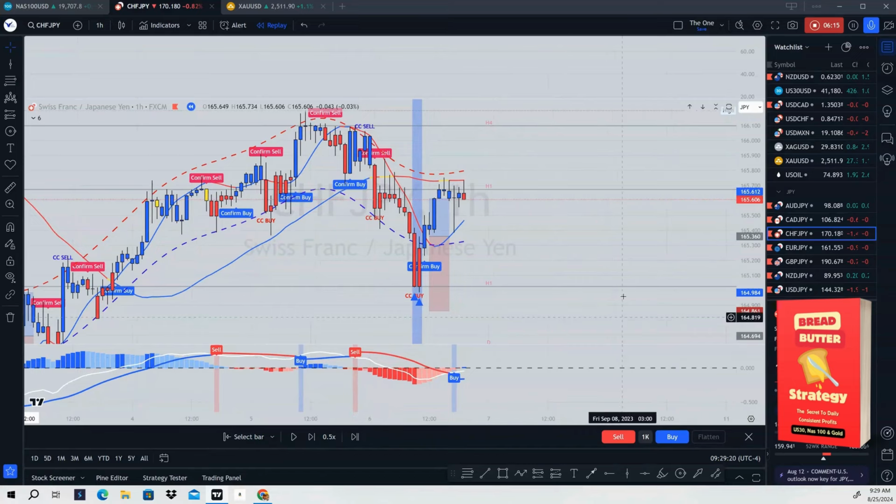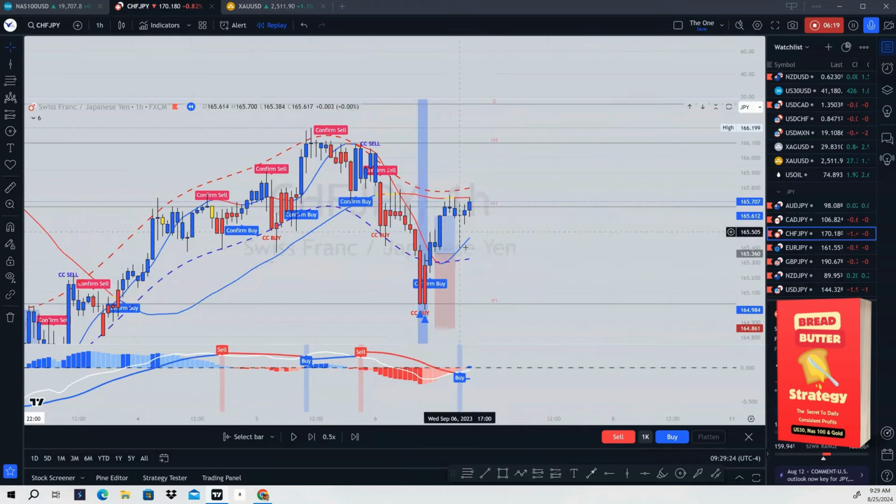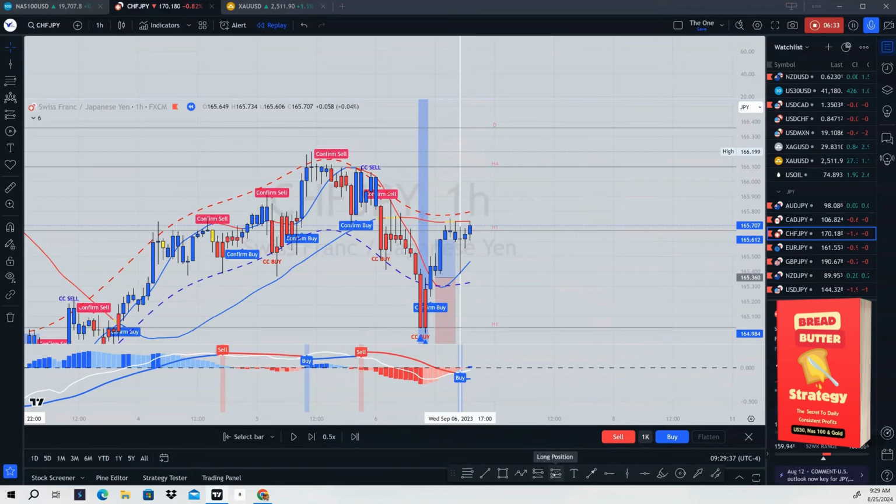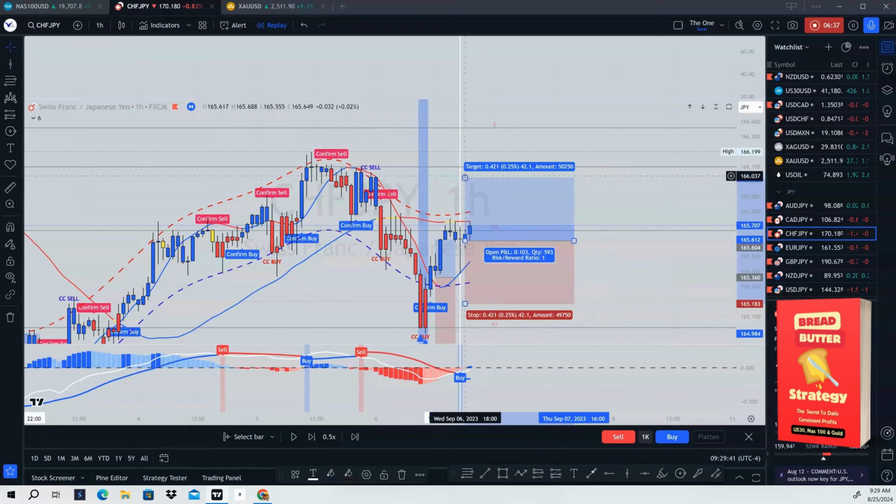Before that, let me go ahead and rewind that. Now our second entry would be our MACD. We got our MACD buy right here on that candle. Let's go ahead and mark it off so you can see. Now let's enter the market for 25 pips for a long. So let's say we entered there when we saw it.